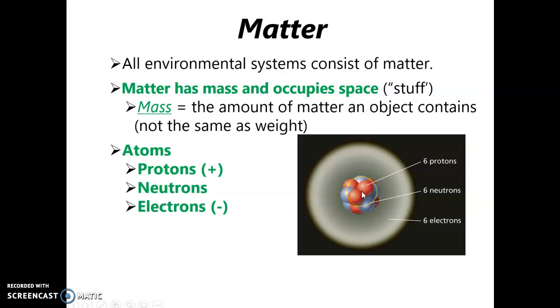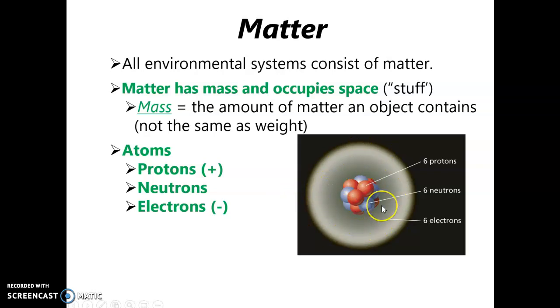Protons and neutrons are relatively large particles, and they are close together in what's known as the nucleus of an atom, and they make up the majority of its mass.